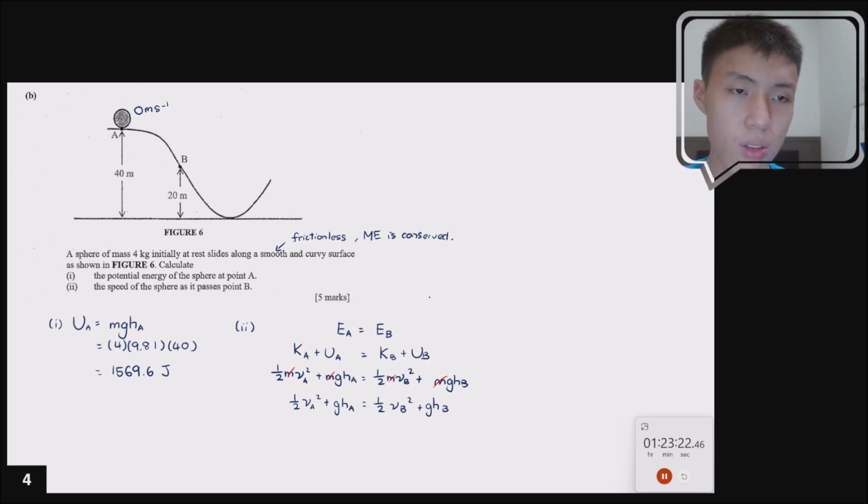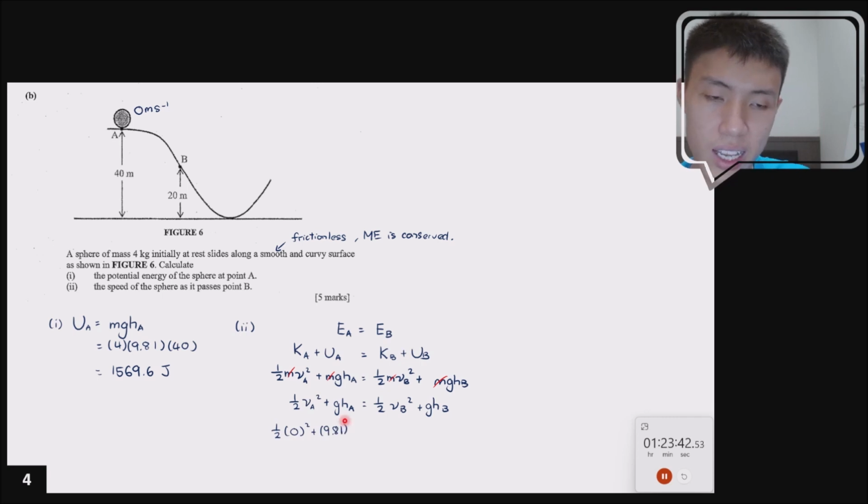Let's do the substitution. At position A, the speed is 0 meter per second, so that's what we substitute for VA. Half 0 squared plus g, which is 9.81, times the height at A, which is 40 meters. Next, half VB squared, where VB is what we want to find.